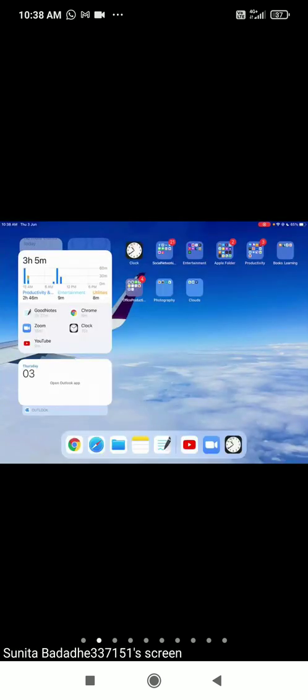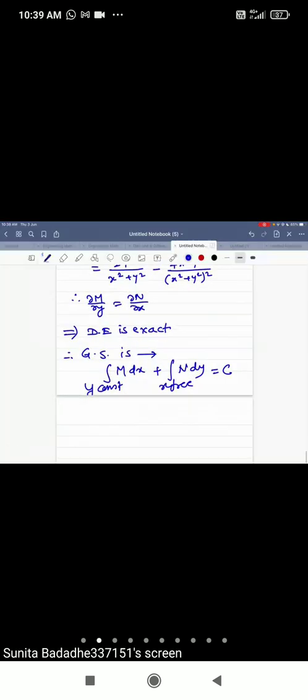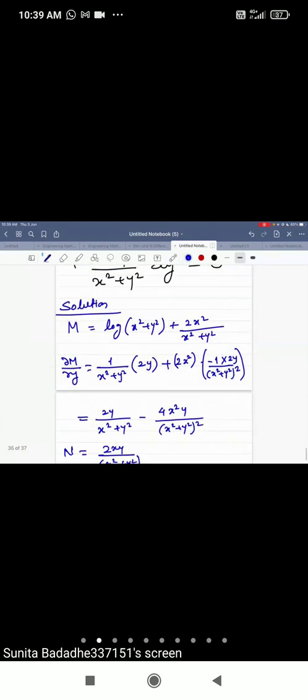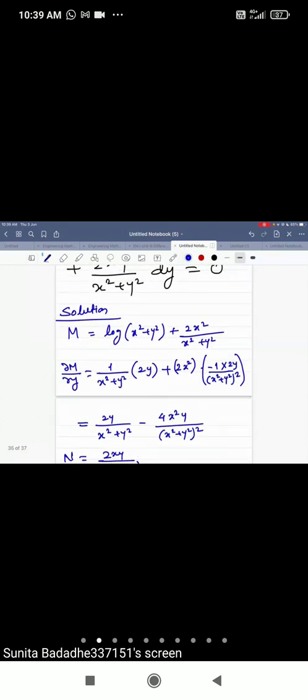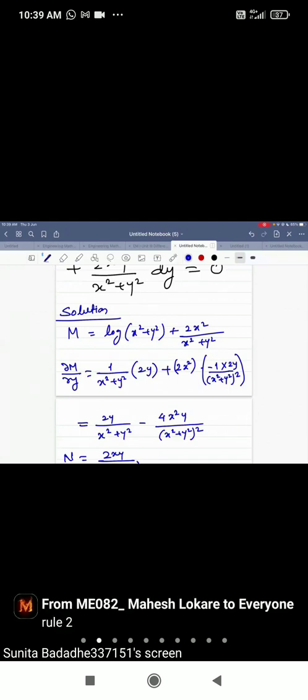But now here the problem is the M term. You look at the M term, it is very complicated. If you have to integrate it with respect to x, then the first term is log and the second term is again a quotient. It will be very difficult, right? So just a minute, students.